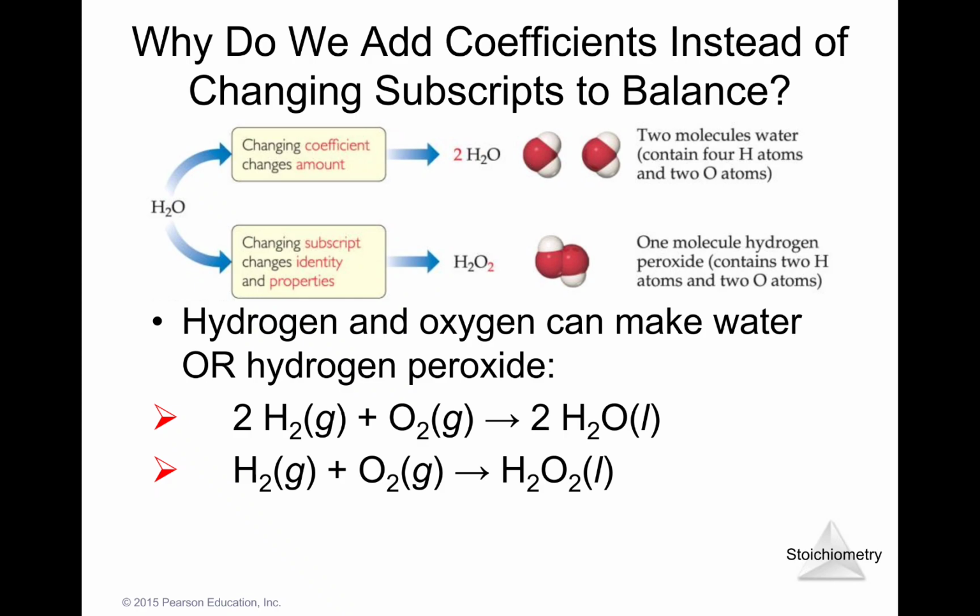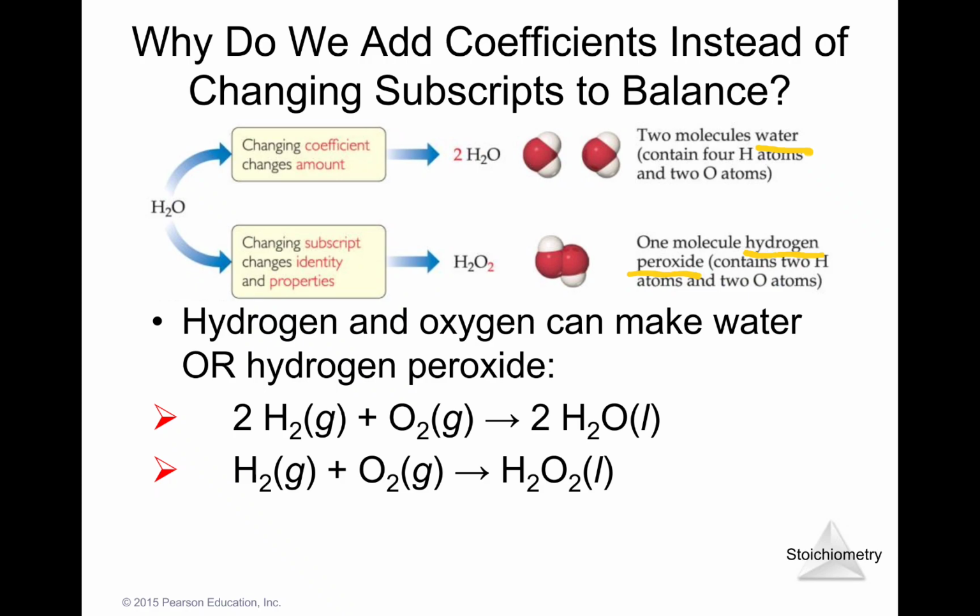We are also saying that there's 1 oxygen in every molecule of water. If we had changed the subscript to reflect 2 oxygens, we would actually be making a whole other compound. In this case, H2O2 is hydrogen peroxide, where H2O is water.